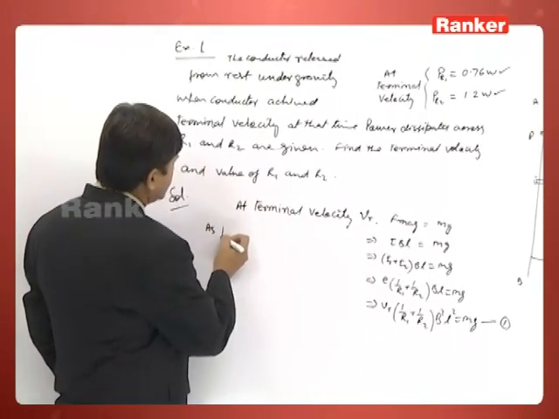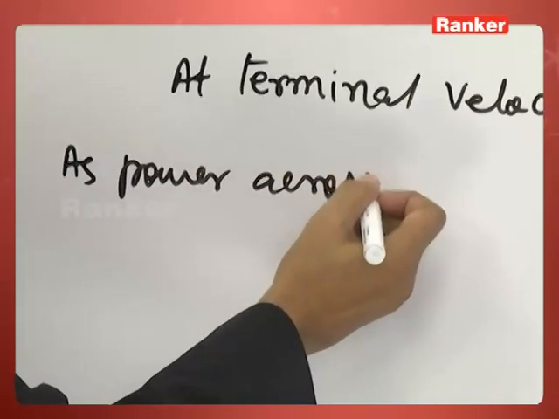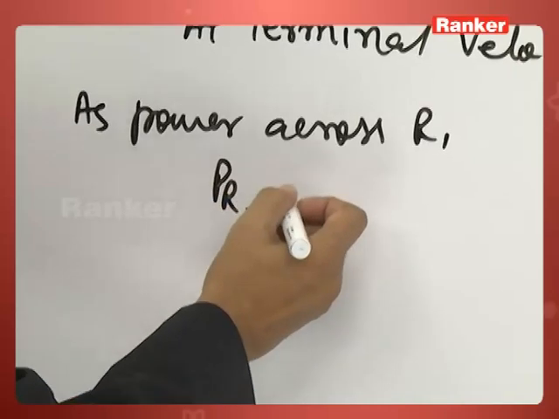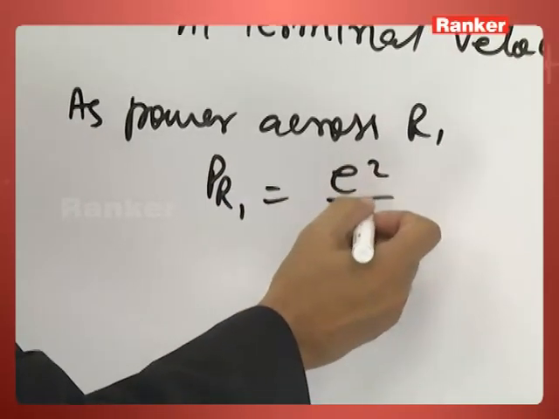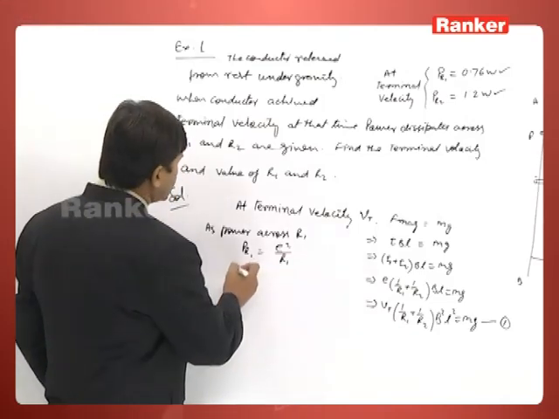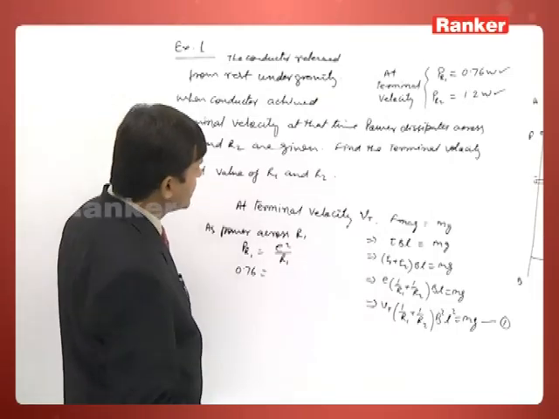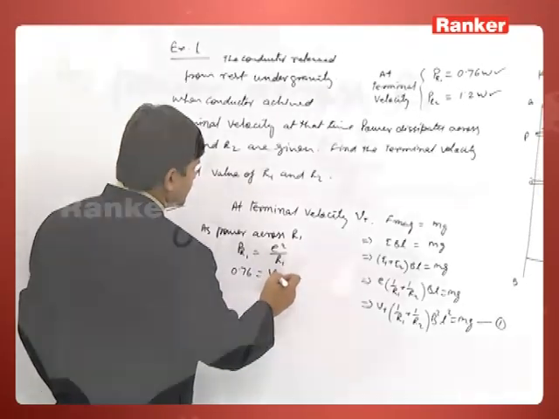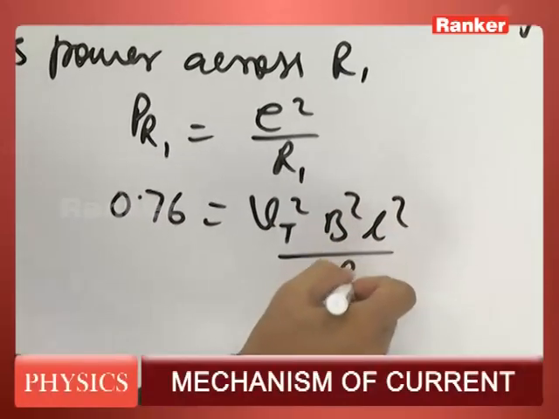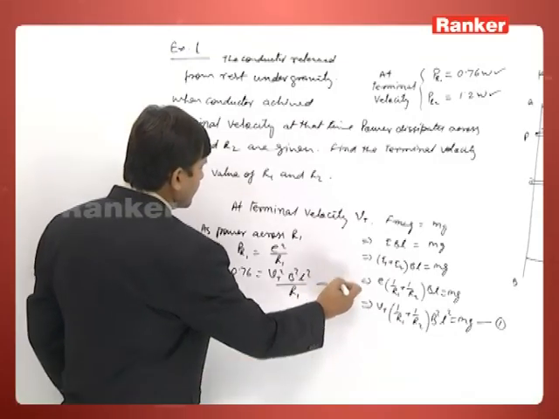So P R1 is written as E squared by R1. That is given here as 0.76, and E value is your Vt BL. So Vt squared B squared L squared by R1. This is your second equation, we can say.